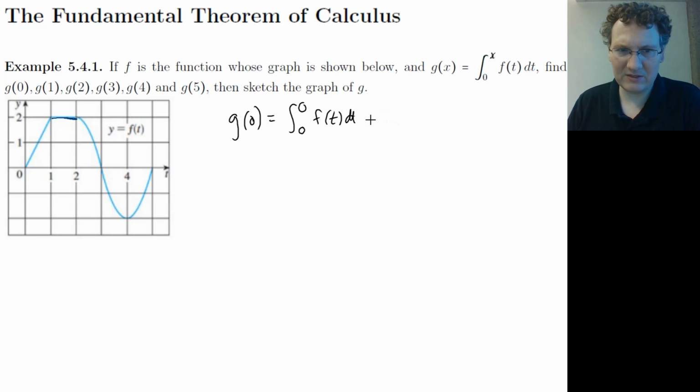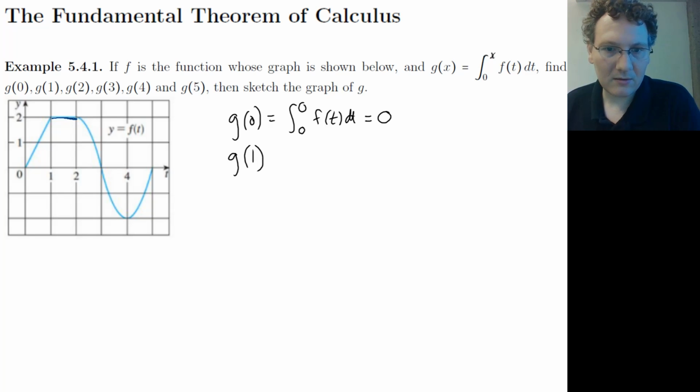Now, of course, the definite integral from a starting value to the same ending value is always going to be 0. g of 1 is the integral from 0 to 1 of f of t dt.